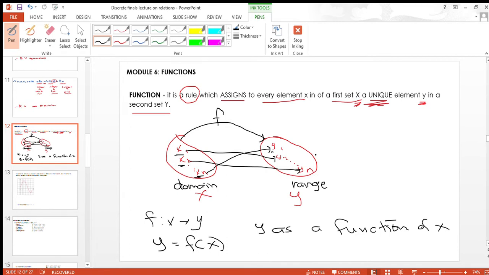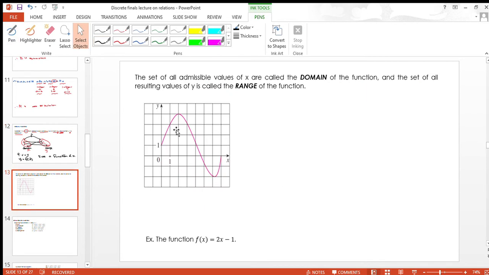Similarly, we saw in relations that if you get all the first elements in the ordered pairs, that's your domain, and if you get all the second elements in your ordered pairs, that's your range. So somehow it's still the same here in functions. Okay? All permissible values of the first set is your domain and all permissible values of the second set is your range. Now let's look at this example.